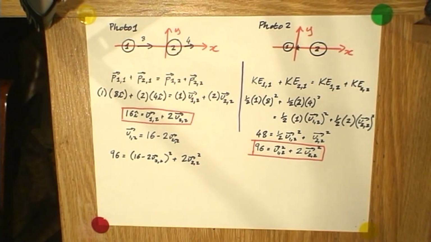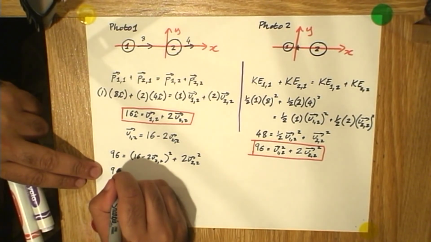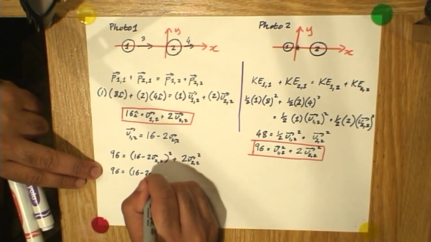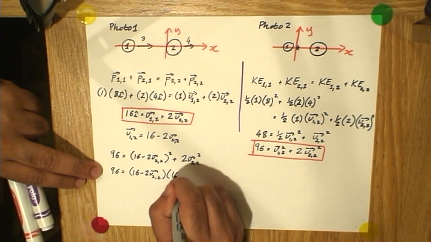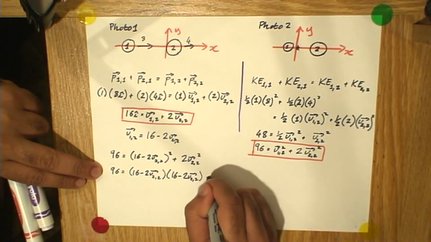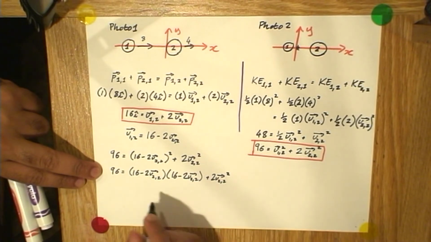Let's keep going. We have to write this out twice. 96 is equal to 16 minus 2v2f times 16 minus 2v2f plus 2v2f squared.